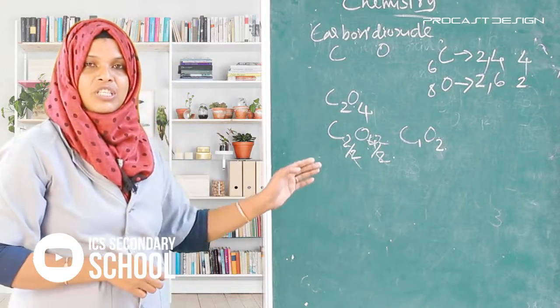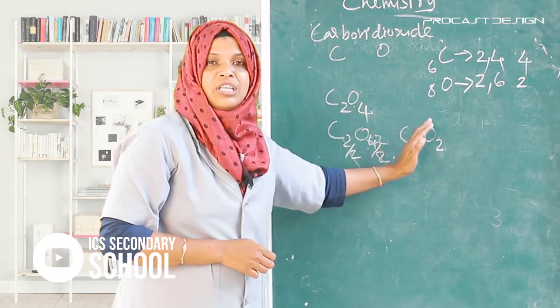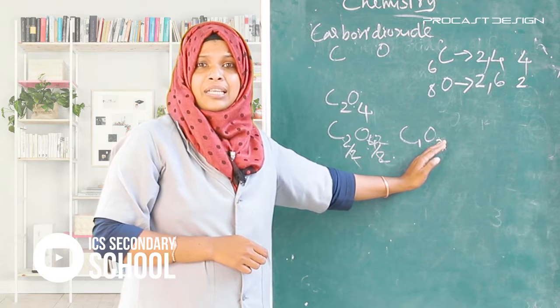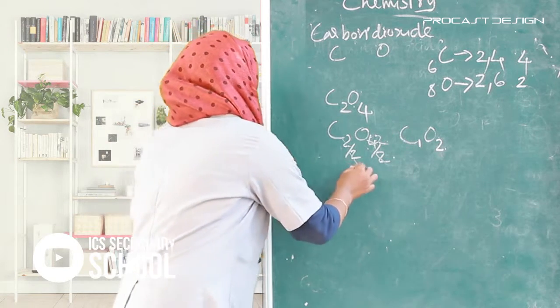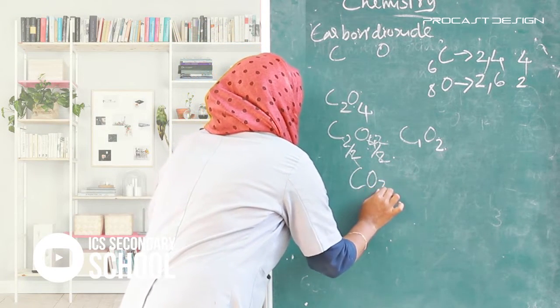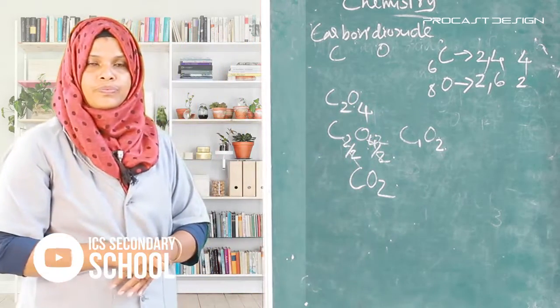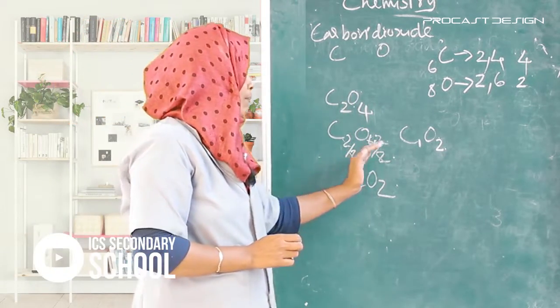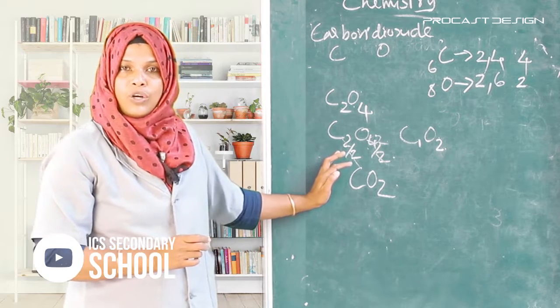If there is a 1, it need not be written. Then the chemical formula of carbon dioxide is CO2.